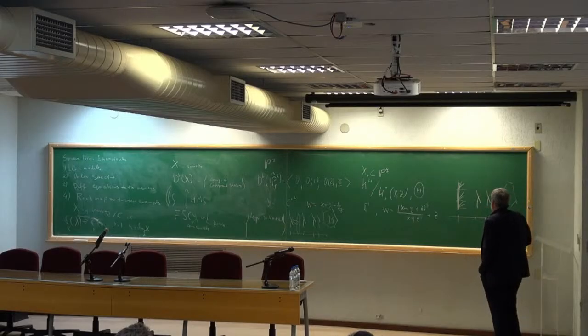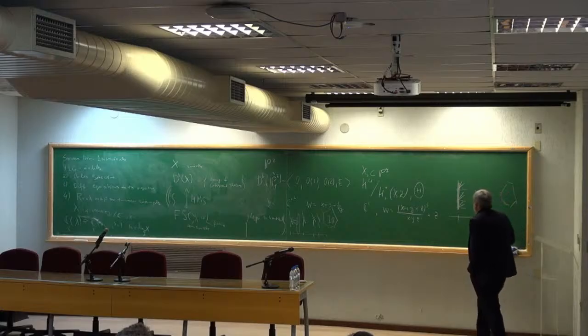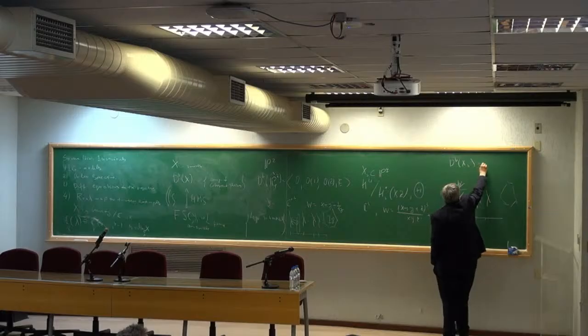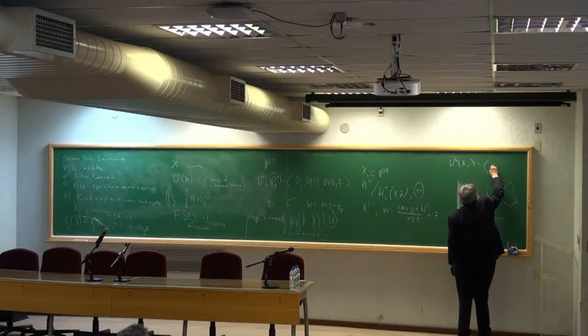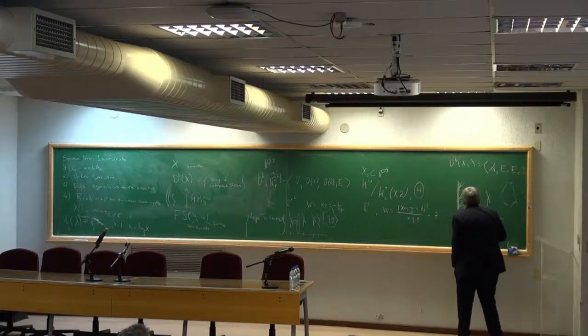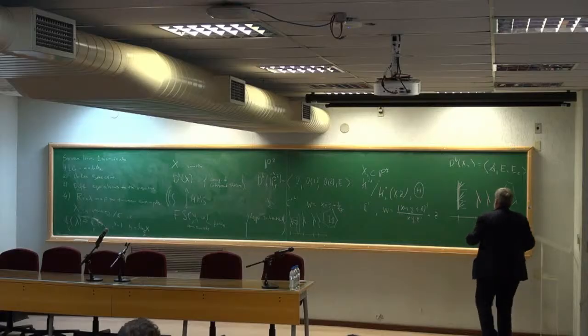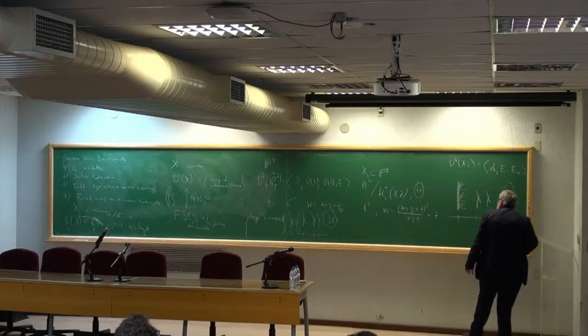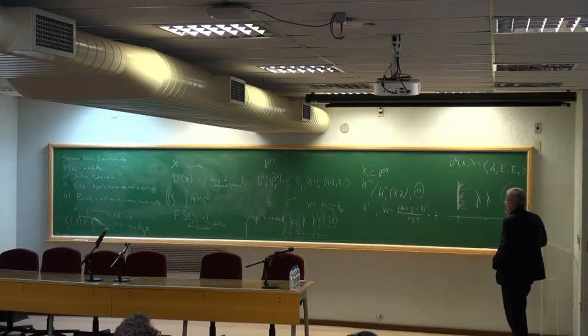In any case, that corresponds to the fact that the derived category of this cubic looks like a fractional Calabi-Yau and two other exceptional objects. The fractional Calabi-Yau is recorded by these singularities, and then we have two other exceptional objects.